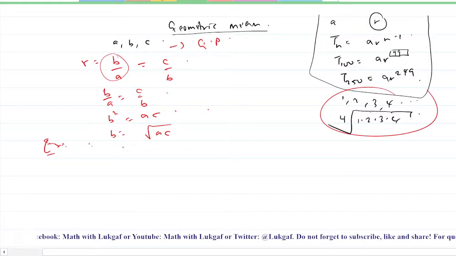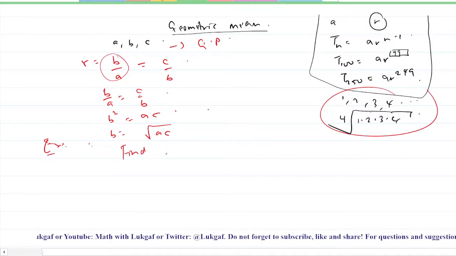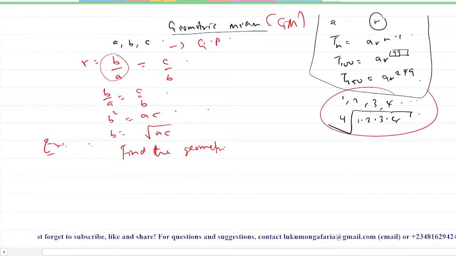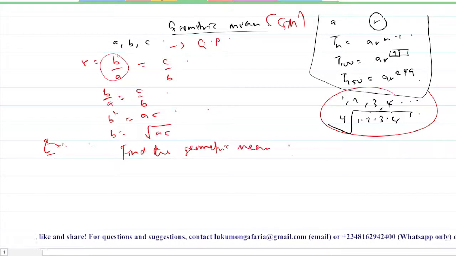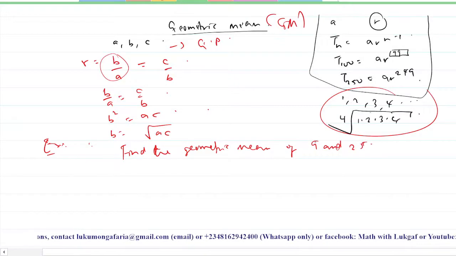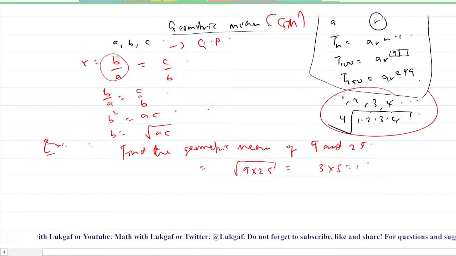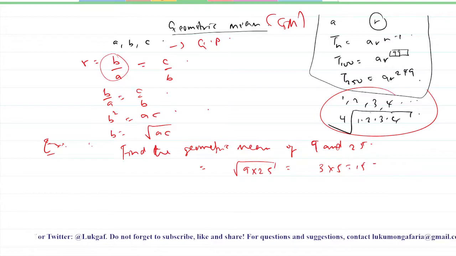For example, if you are asked to find the geometric mean, which can also be written as GM, of 9 and 25, you don't need to stress yourself. That's going to be the square root of 9 multiplied by 25, which is the same thing as 3 multiplied by 5, which is equal to 15. You can see it is not difficult to do.